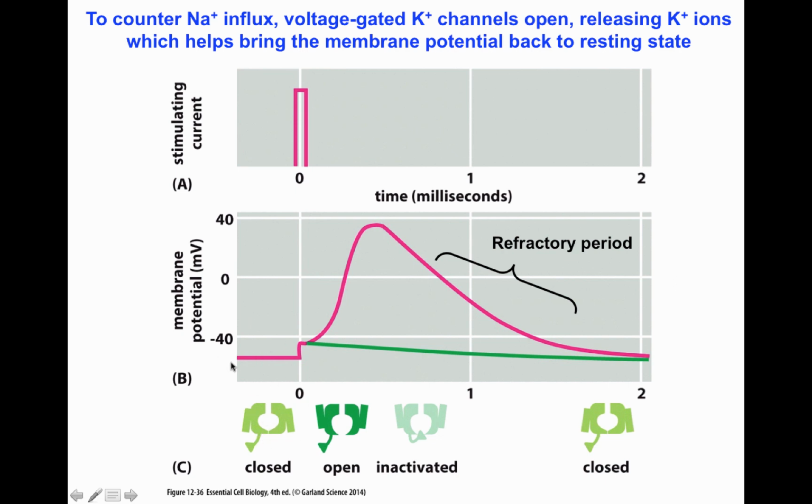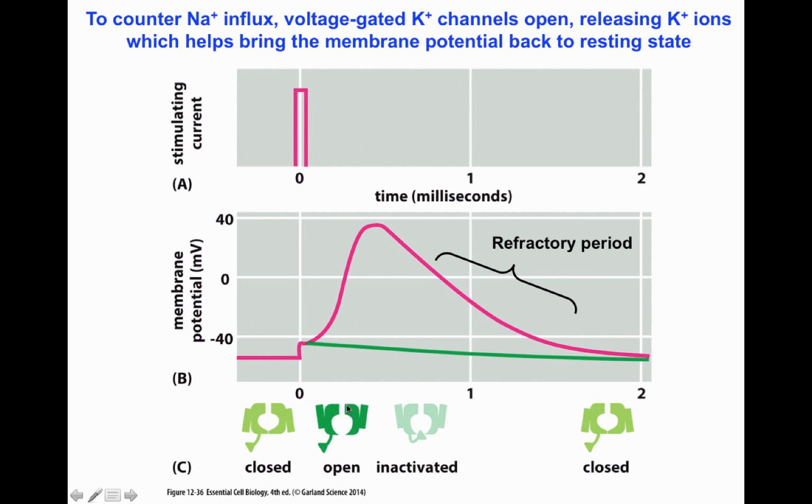So as we discussed earlier, at the resting state, the membrane potential is around minus 60 millivolts. When you have a depolarization signal here at time zero, that depolarization signal may be sufficient to induce an action potential, and the membrane potential changes to a bit more positive, about minus 40 from minus 60.